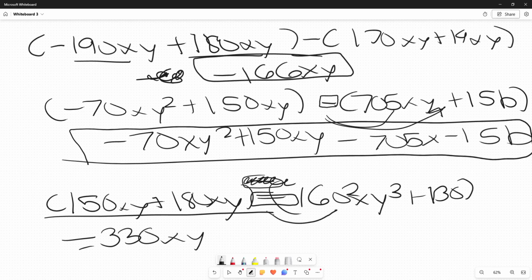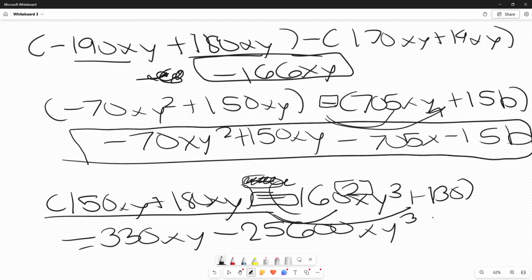Next, distribute the negative sign. Also, I forgot to mention there's a squared here, so you need to square the 160. That would be negative 25,600xy cubed plus 130.